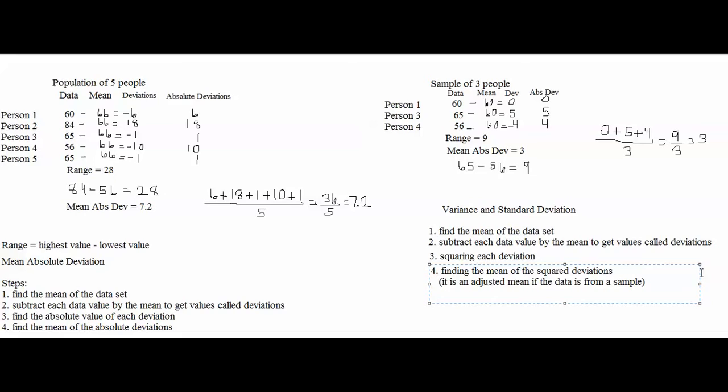And then step 5 is finding the square root of your answer from step 4.